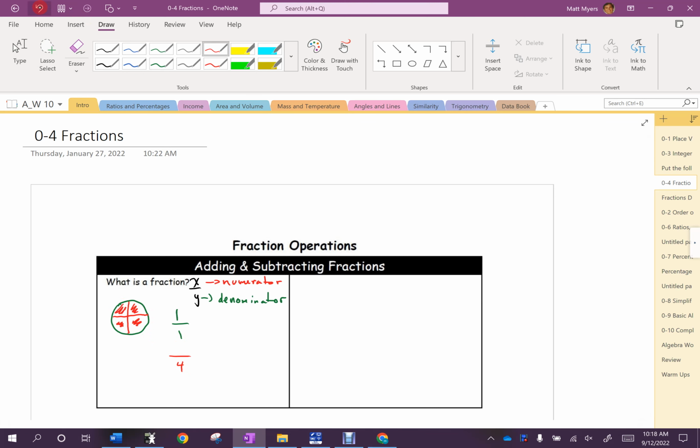What if I did this? Now how many are colored in? So it's 1/4. That's all fractions are. The amount you have over the total amount there. Just like a math or a quiz score. Is everybody good? Okay? That's it. That's all there is to it. What if I drew this?